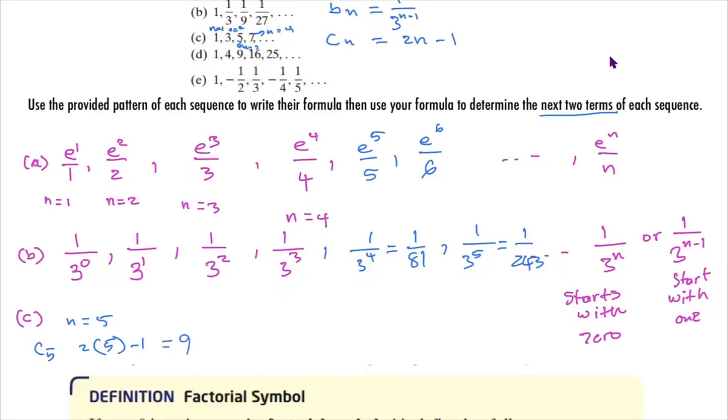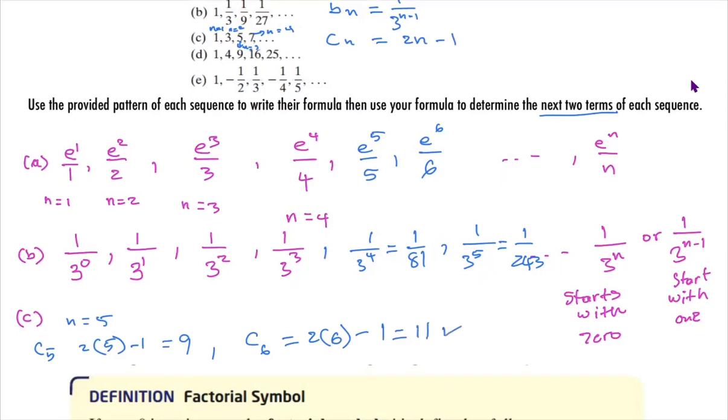Yes, that was the next odd number. And then the next odd number after 9 will be 11. So C6 should be 2 times 6 minus 1, that is 12 minus 1, 11.